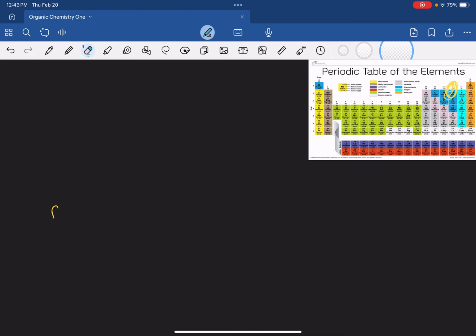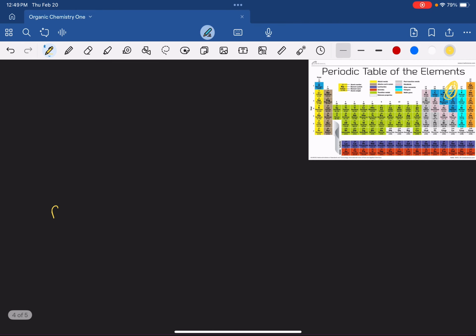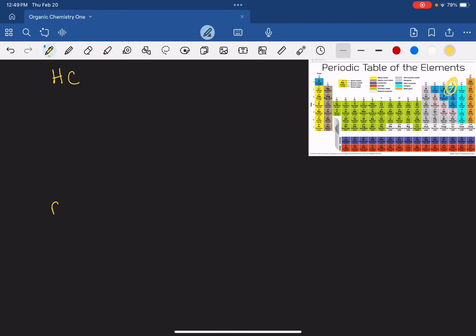Let's try that one. Alrighty. HCO3 minus, right? We need to calculate the formal charge, and that formal charge is going to be on one of those oxygens. So we're going to calculate it on the oxygen.